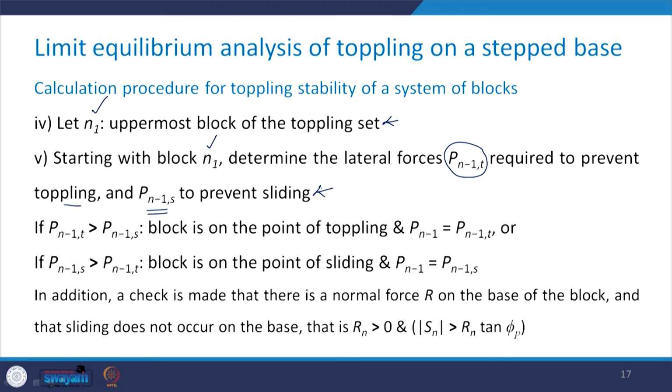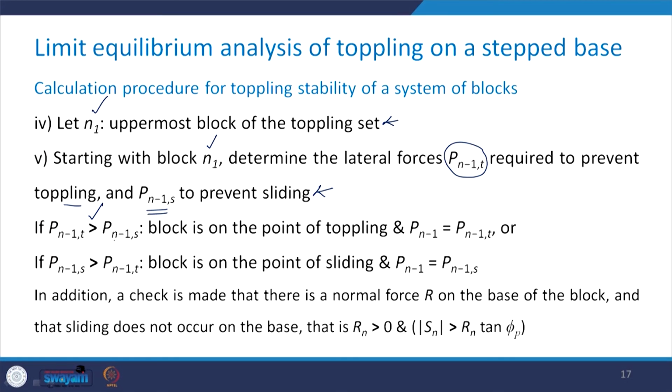If the Pn minus 1 value for toppling works out to be more than that for the sliding, this means that the block is on the point of toppling, and Pn minus 1 would be assigned the value corresponding to Pn minus 1 t.